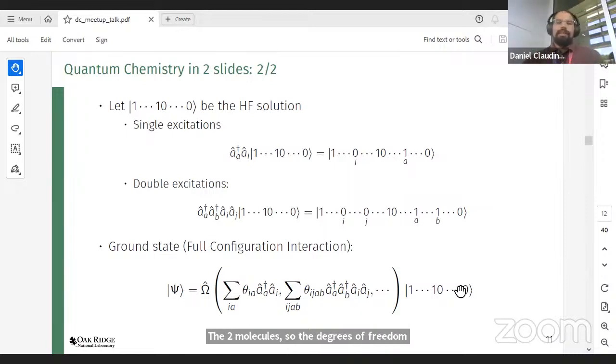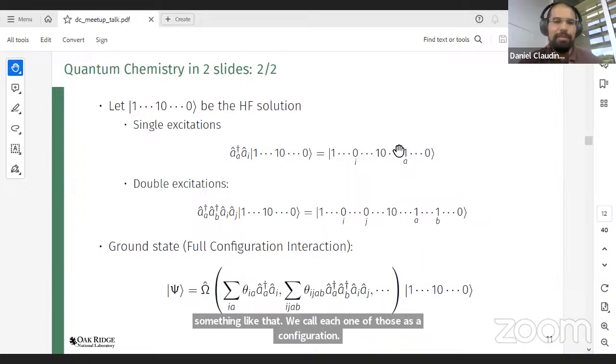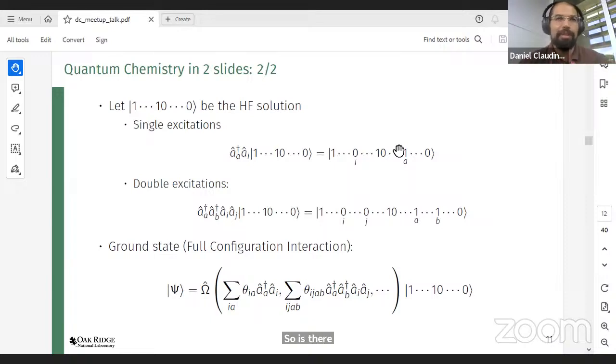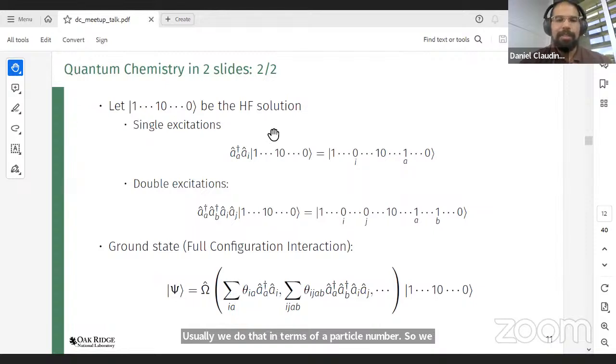Oh, okay. So when I say up here something like this, you can see it as a computational basis state or something like that. We call each one of those a configuration. It's an electronic configuration, and you can encode different symmetries, but usually we do that in terms of particle number. So we order the orbitals. Each element here is an orbital, and if it's 1, then we say it's occupied. If it's 0, it's unoccupied.